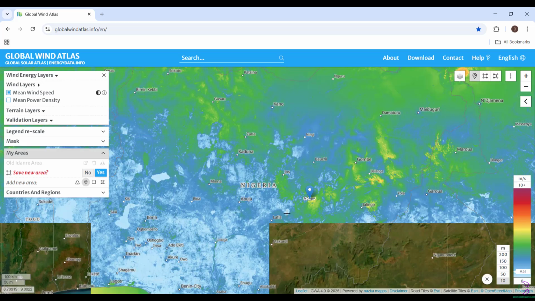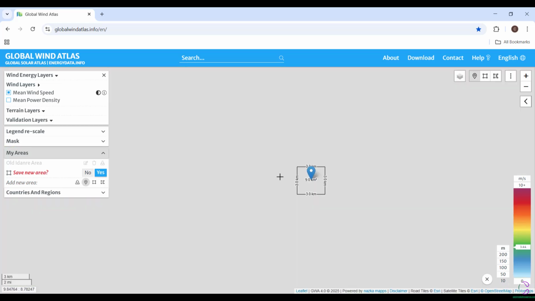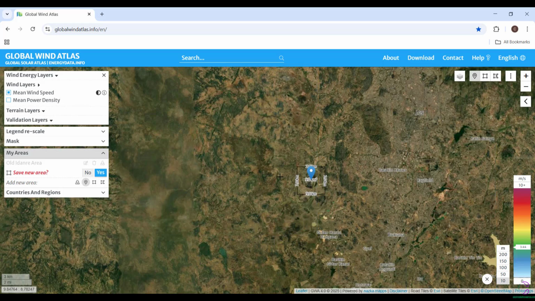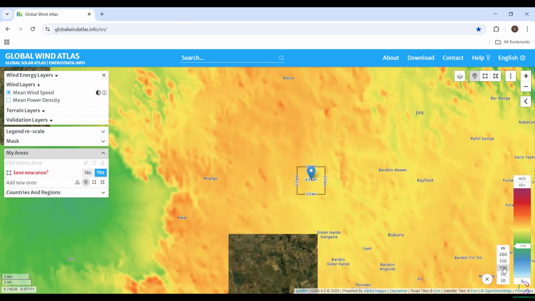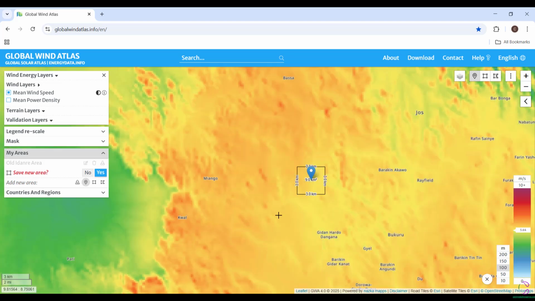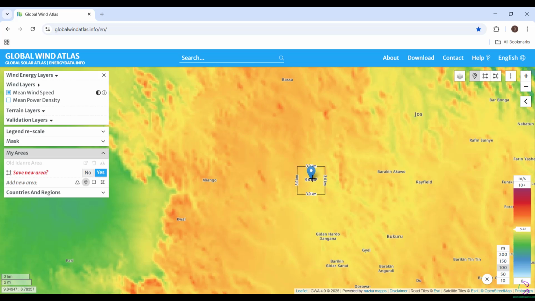So when we look at it closely, let's say this case in Jos is 3.4. Assuming we go to 100 meters at that same location, it becomes 5.5.